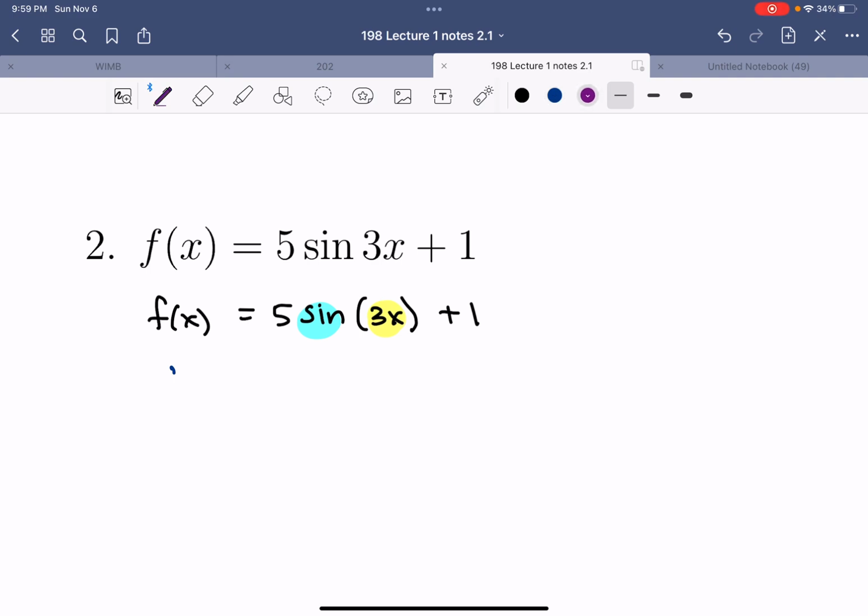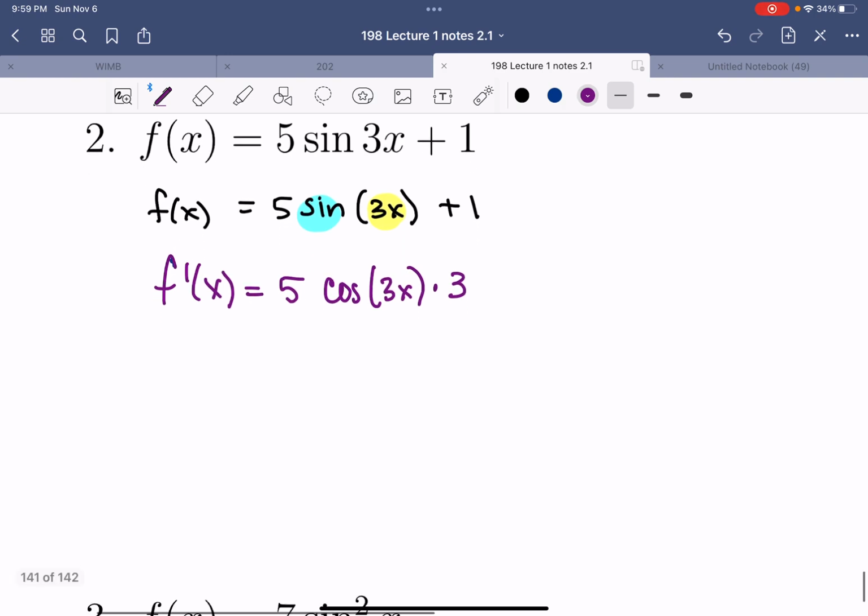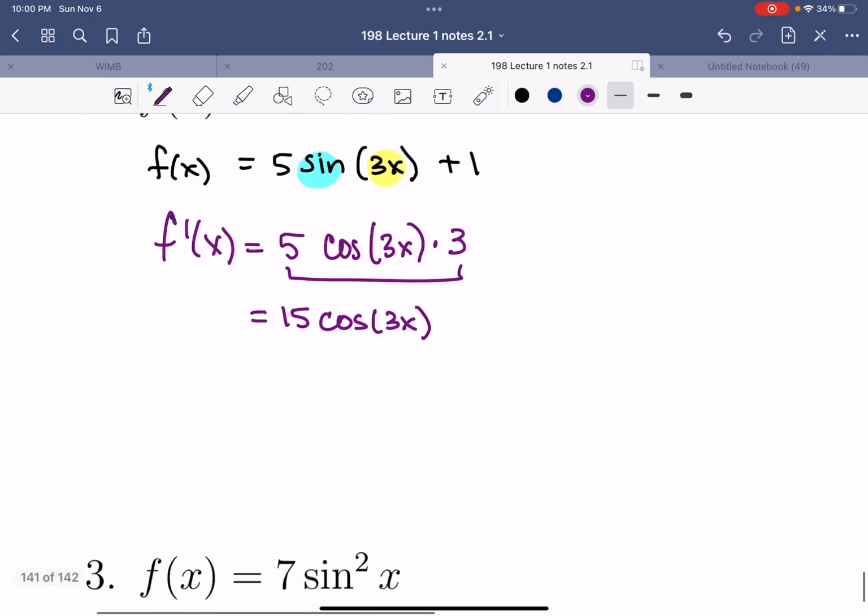And that means that the derivative is we leave the 5, take the derivative of sine, which is cosine, leave the inside alone, and then we multiply by the derivative of the inside, which is 3. The derivative of plus 1 is 0, so I don't need to write that one. And so if I put the 5 and the 3 together, that gives me 15 cosine of 3x. And that's my final answer.